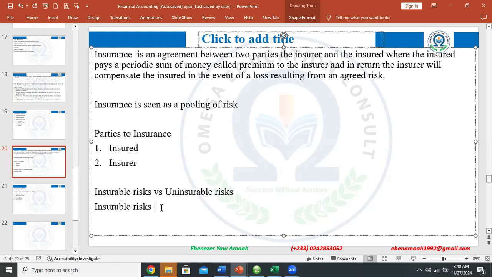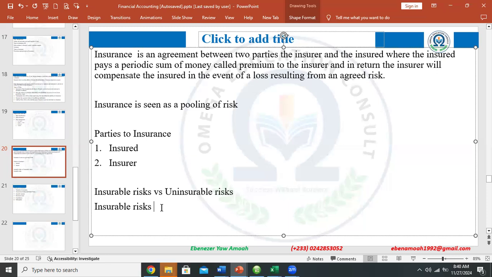But you can insure, let's say, a house or a building that, if it catches fire, you can have a contract with the insurance company on that. So therefore, insurable risk is a risk in which, yeah, you can put the English there.